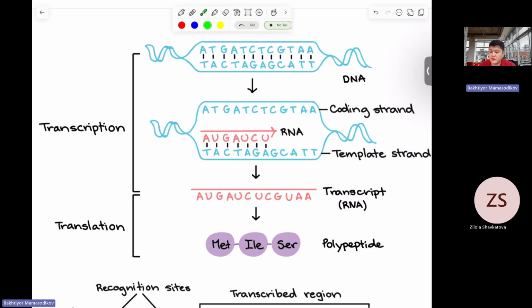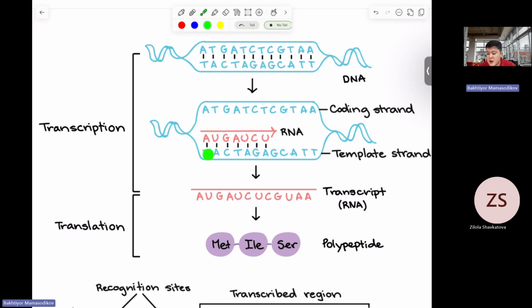With the help of helicase, they opened. We talked about it, right? They opened the strands of the DNA. So the template strand is the strand used to make the RNA. It's used for making the RNA molecules. RNA is made by reading this strand.